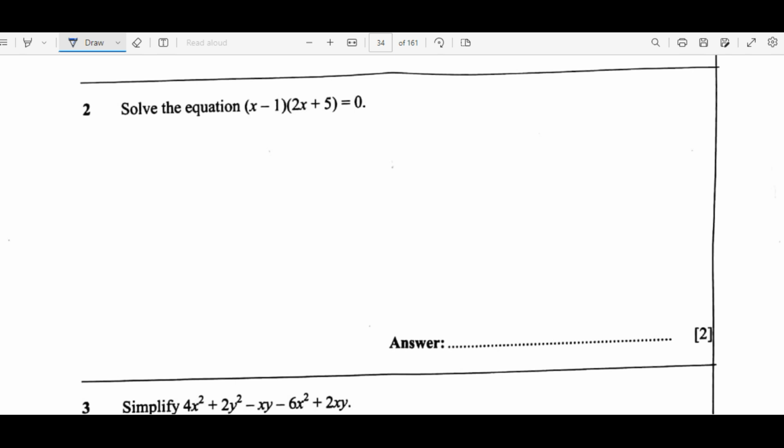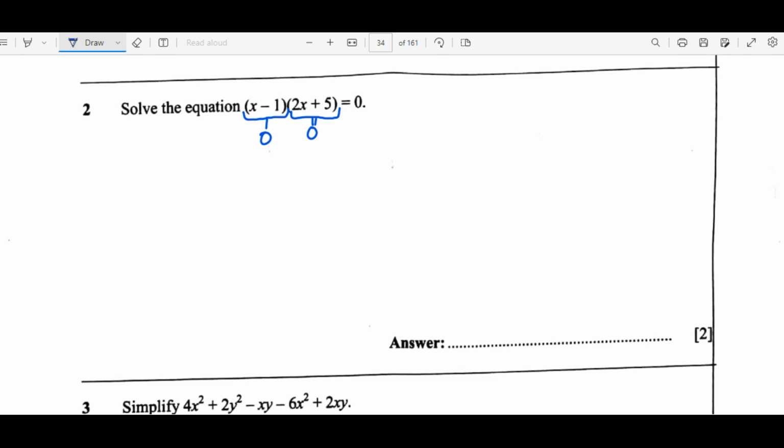Since we are given a quadratic equation that has been factorized for us, we are going to equate each bracket to 0. So x - 1 must be equal to 0, and 2x + 5 must also be equal to 0.